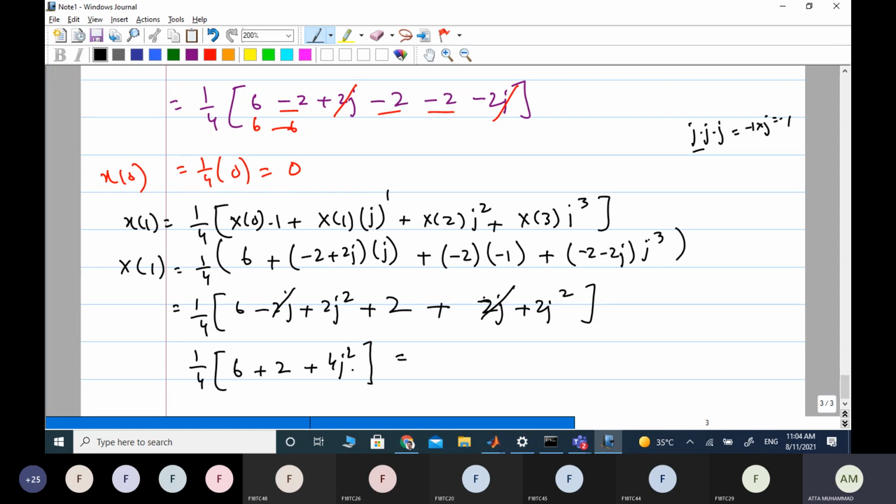And we know that j square is -1, so this becomes 1 by 4 of 6 plus 2 and -4, right? And eventually this becomes 1 by 4 times 8 minus 4 is 4, and that is equal to 1. So our x of 1 is 1. That's great. We are on the right track.